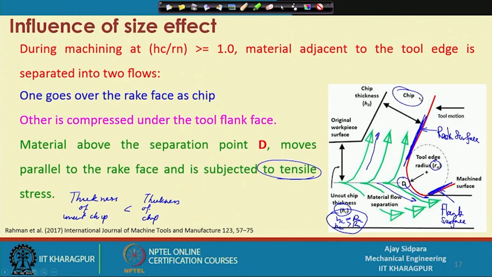Whatever chip is coming out will be bigger than the uncut chip thickness, because the chip will be expanded a little bit when it is cutting out. Everything depends on the size or length of your shearing angle. Whatever the shearing angle is, consider this particular length x and this one y. So, your x is larger than y. In this case it will be mostly in tensile stresses, and you are getting a chip out of this particular mechanism.